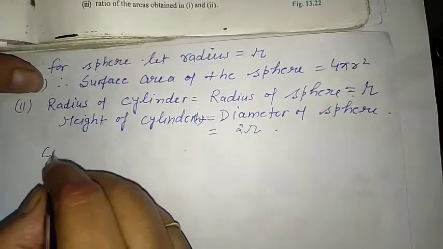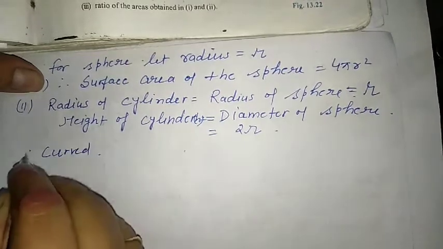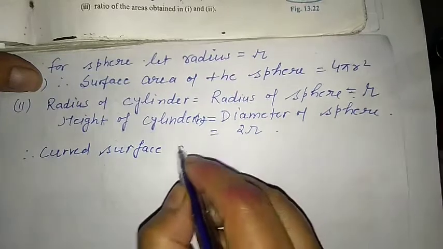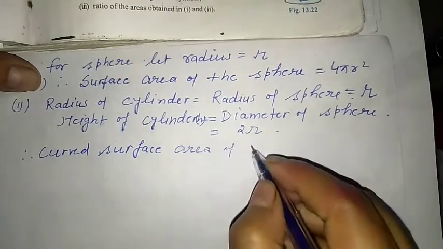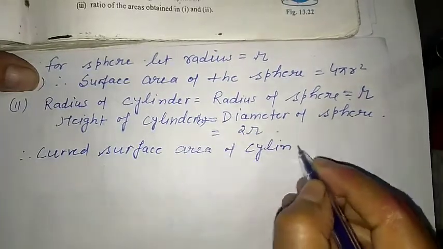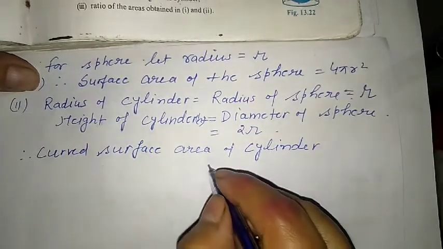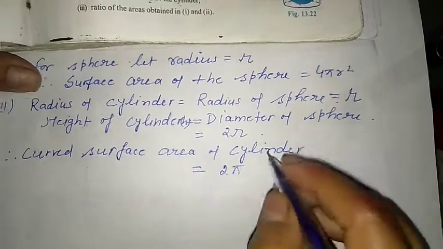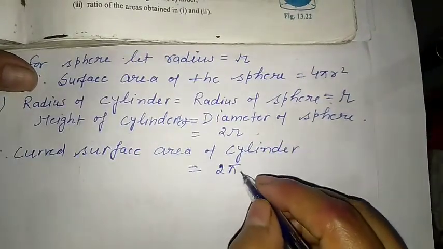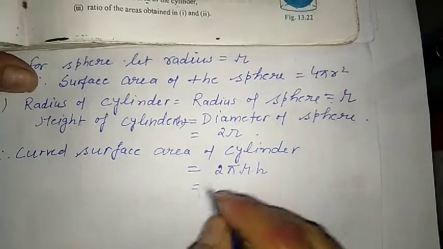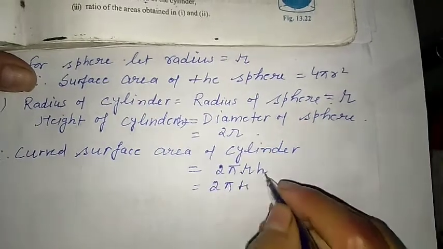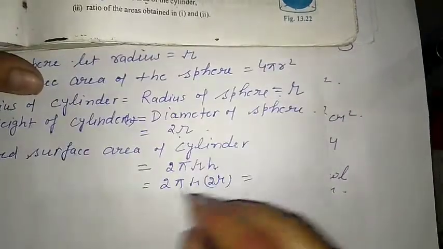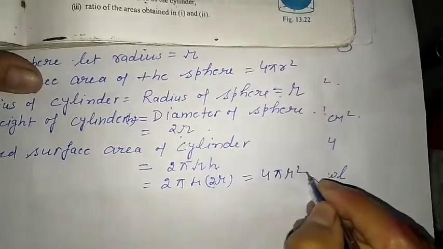Now curved surface area of cylinder is equal to, we know the formula, in the previous videos we discussed all these, 2 pi r h. So 2 pi, r is r but h is here 2r. So this we have 4 pi r square.